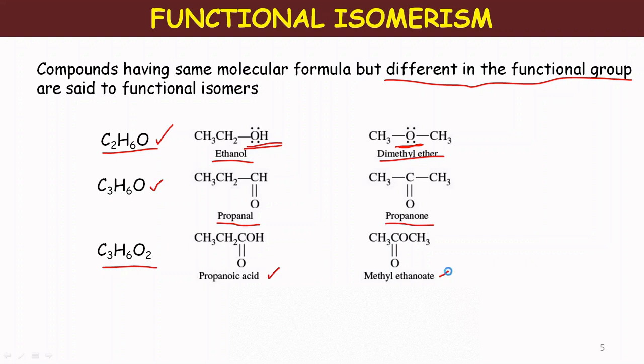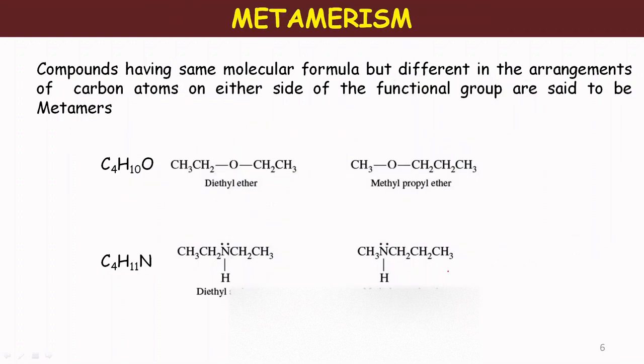So let us move on to the next classification of structural isomers, that is metamerism. Two or more than two molecules having the same molecular formula and the same functional group but differing in the distribution of carbon atoms on either side of the functional group are called metamers. This phenomenon is known as metamerism.